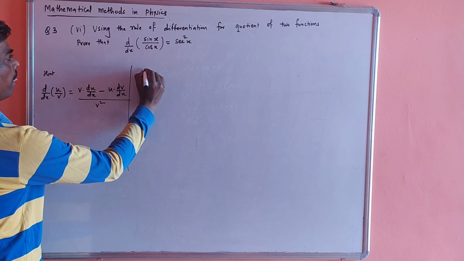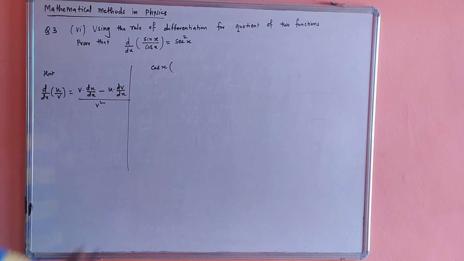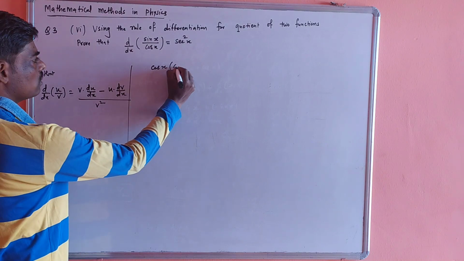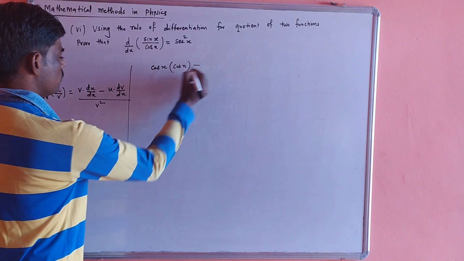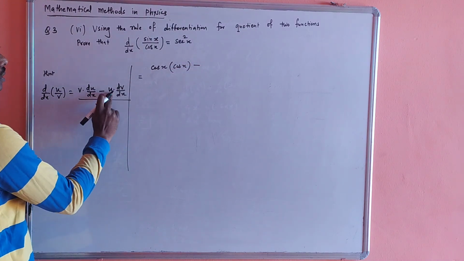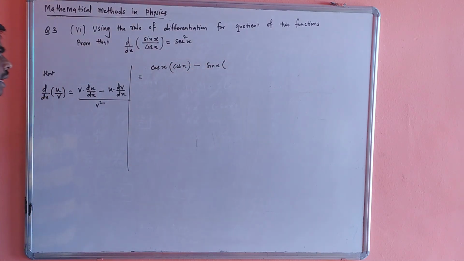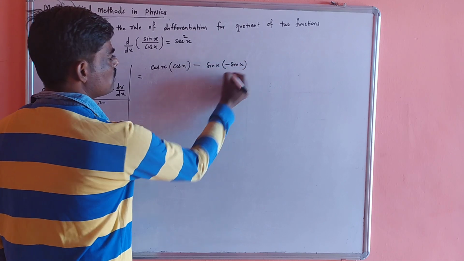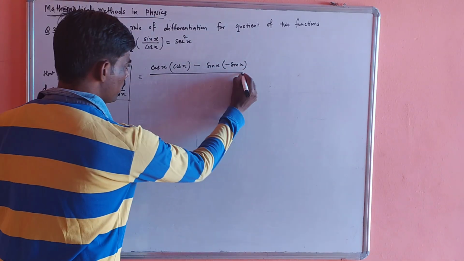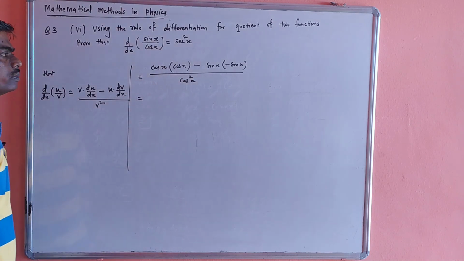So v means cos x, the derivative of sin x again becomes cos x, minus u, sin x, and the derivative of cos x, which is minus sin x, divided by v square, that is cos square x.